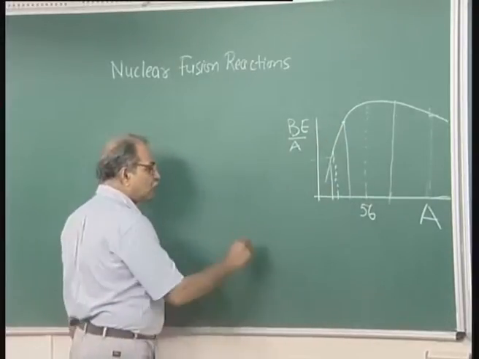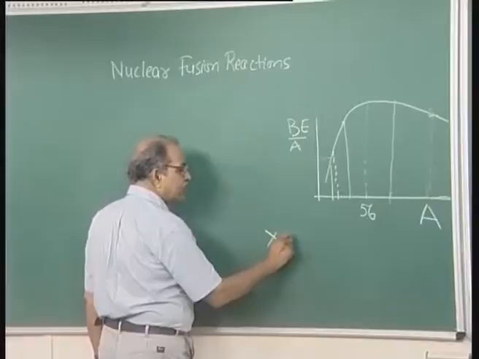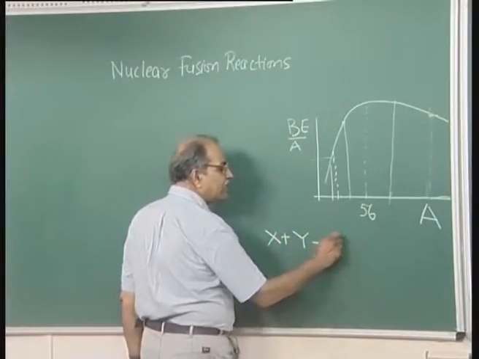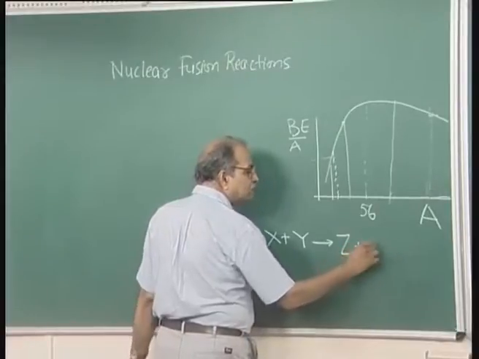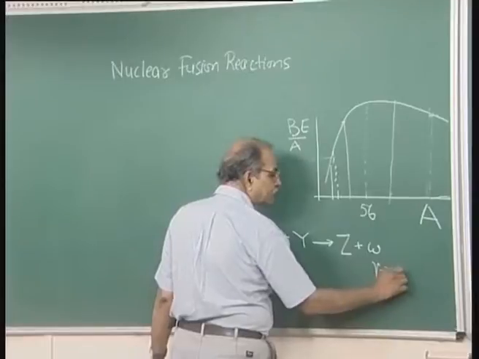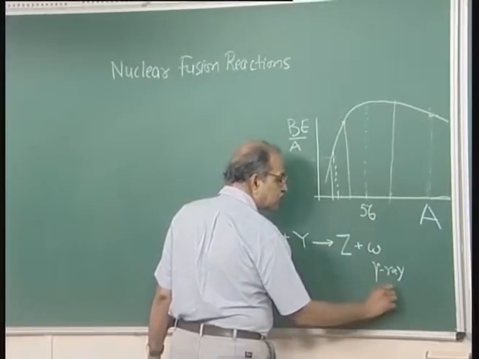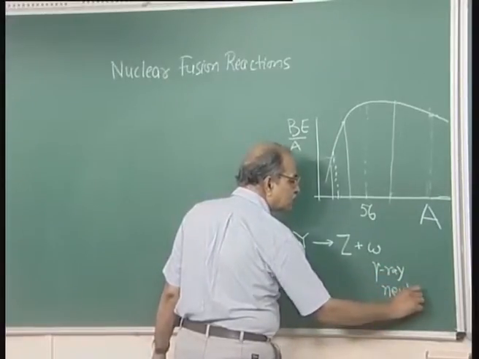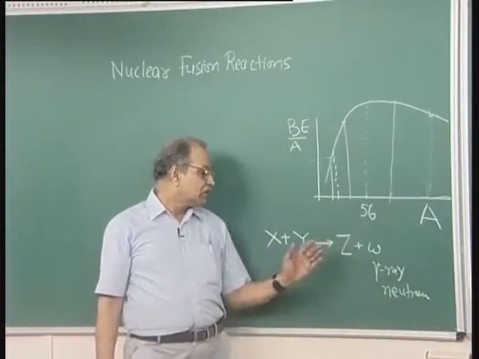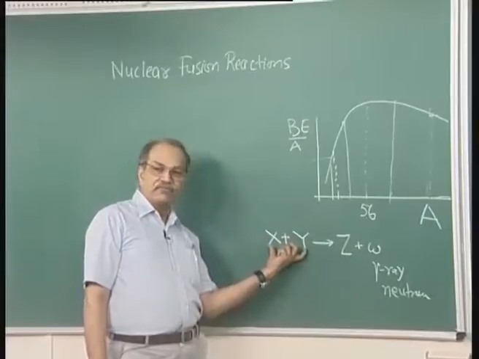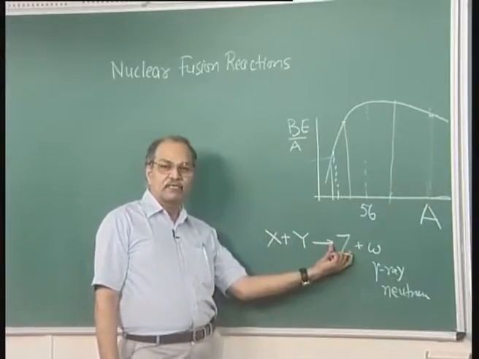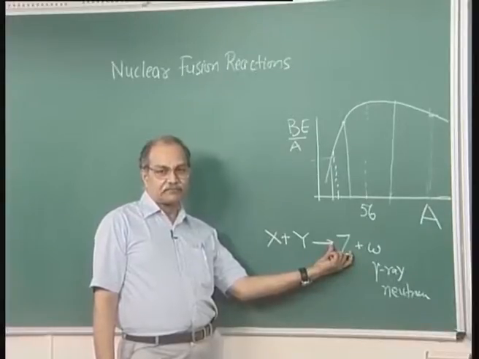So, the reaction would look like some X and some Y, some light nuclei going to a heavier Z, and probably some small particle like neutron or gamma photon, or maybe two particles, but most of the nucleons which are in this X and Y, most of them are in this bigger nucleus Z.